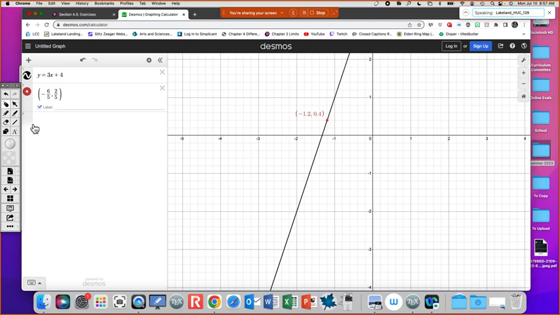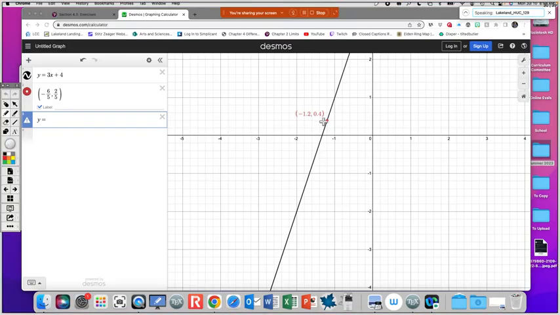Okay. Now I got a question for you. Let's look at the line from the origin through that point. So what would be the equation of that line? So what would the slope be?